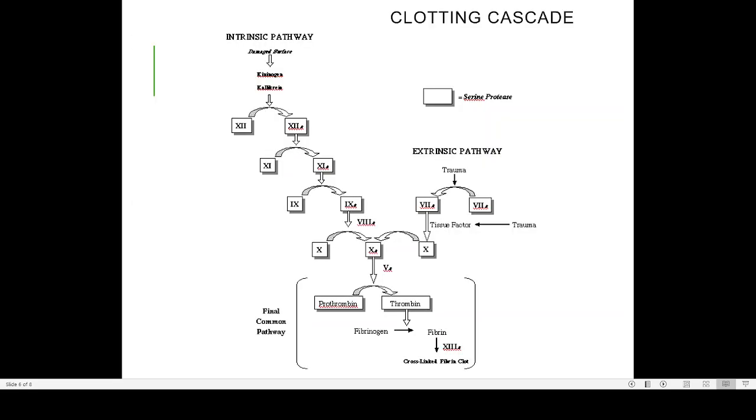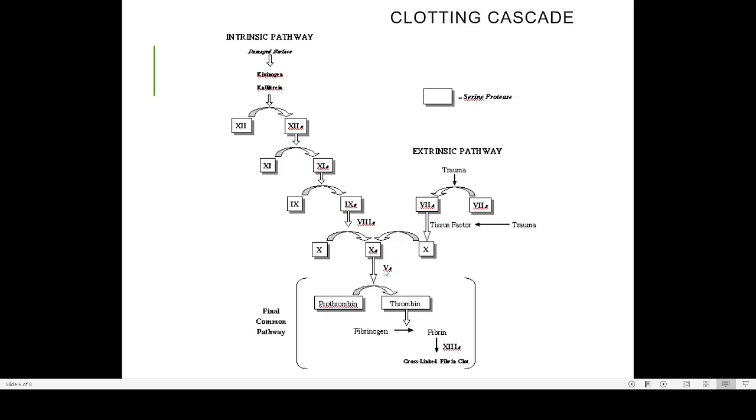Here you can see factor 12 goes to its active form, which works on factor 11, converting it into active factor 11, which works on factor 9, converting it into active factor 9. That then acts on the Stuart factor, factor 10, which is activated into active Stuart factor.